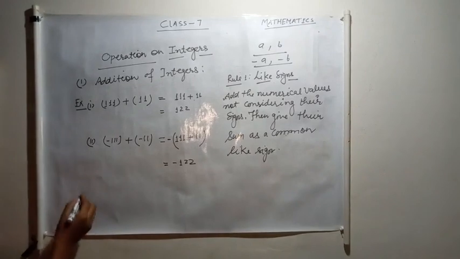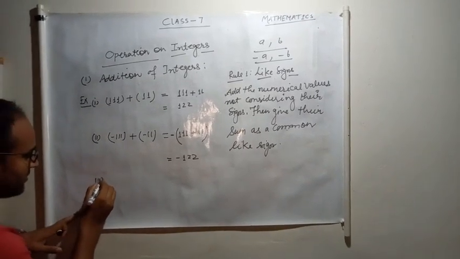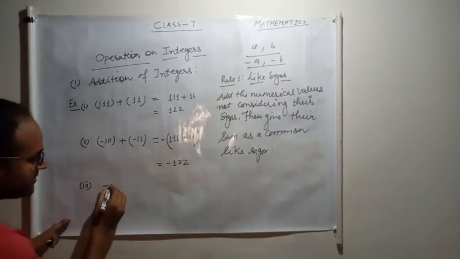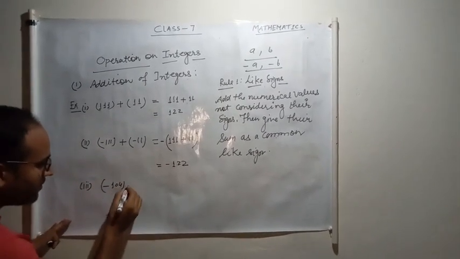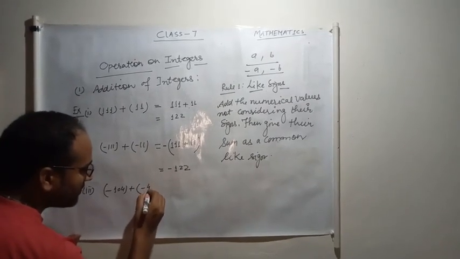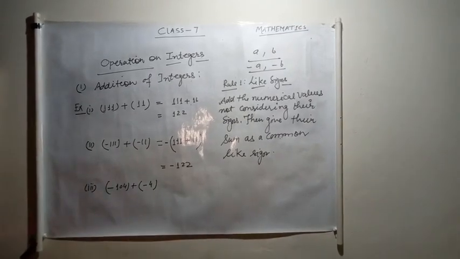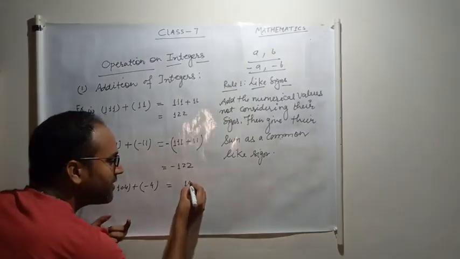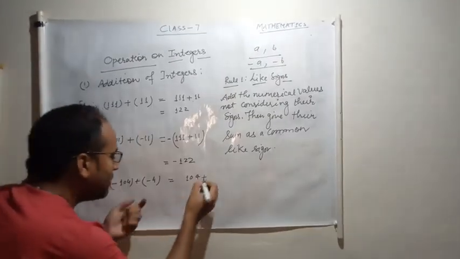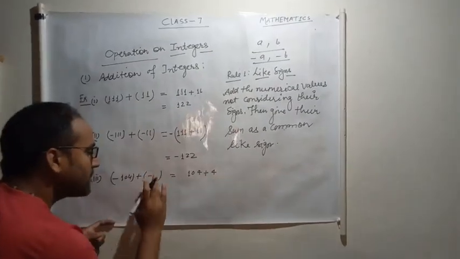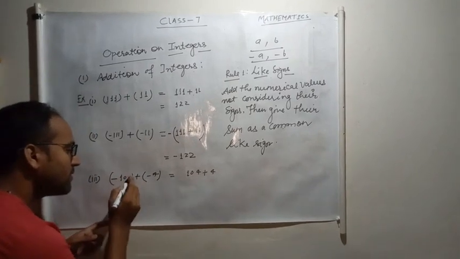Add the numerical values not considering their signs, then give their sum the common like sign. One more example, the third one: minus 104 plus minus 4. Take the numerical value of minus 104, that is 104, plus the numerical value of minus 4, which is 4.